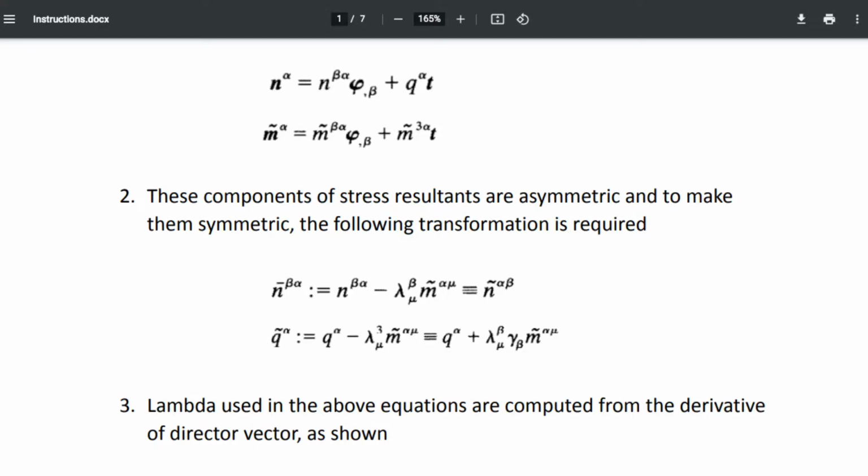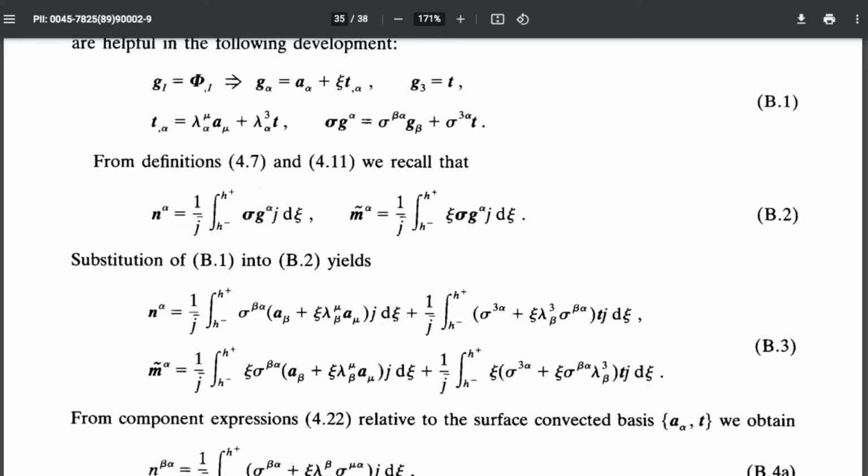These are going to be used as inputs in the Phoebe software. That was all, I think. If you want to look at the detailed expressions of n alpha and m alpha, they are given in the appendix of part 1 of the series of papers.